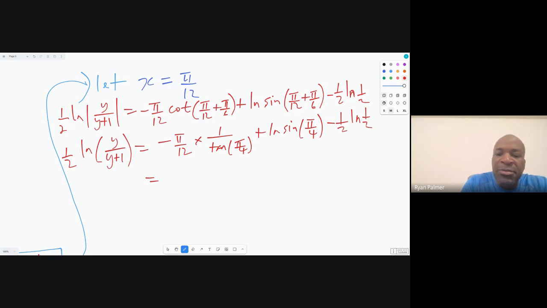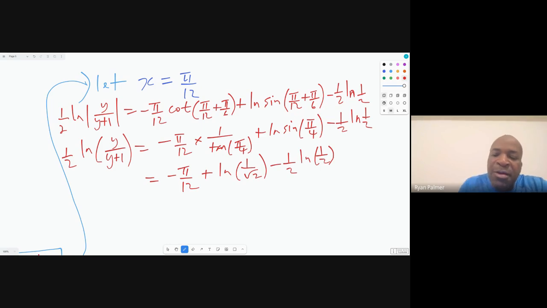Tan pi by 4 is 1, so this is also minus pi by 12, and then sine pi by 4 is ln 1 over root 2, minus a half ln of a half. Now, of course, 1 over root 2 is 1 over 2 to the half, so these two terms are equivalent and will cancel out.